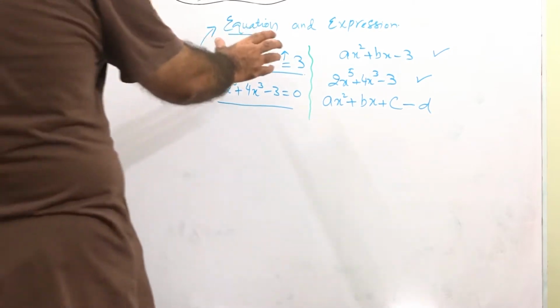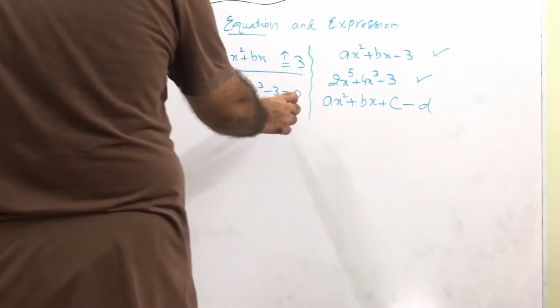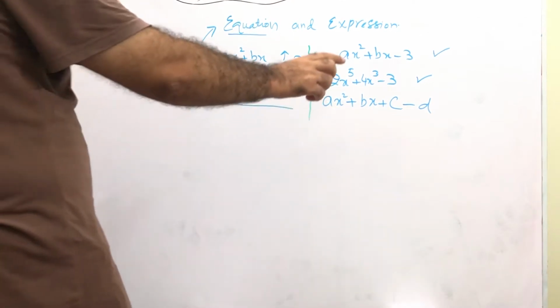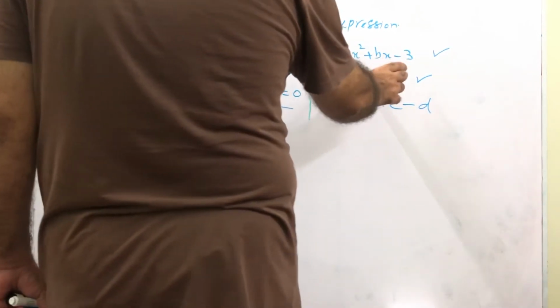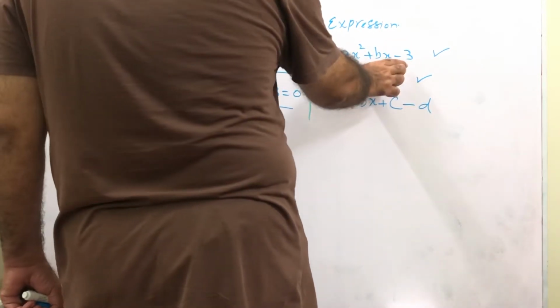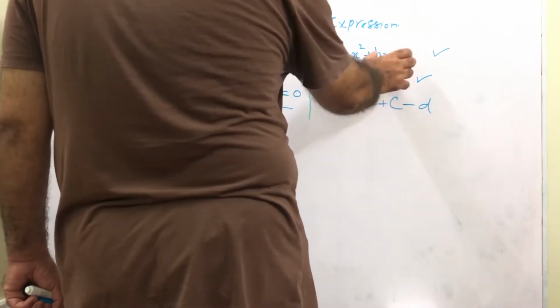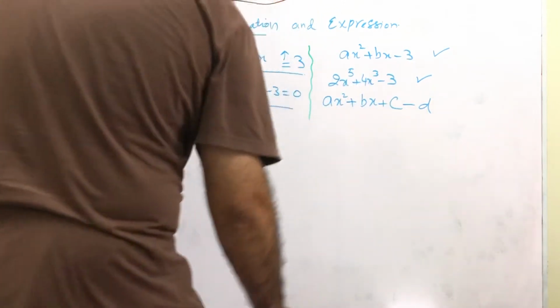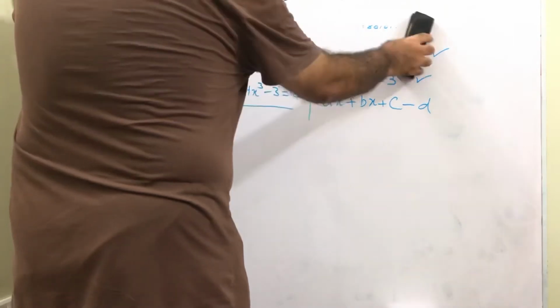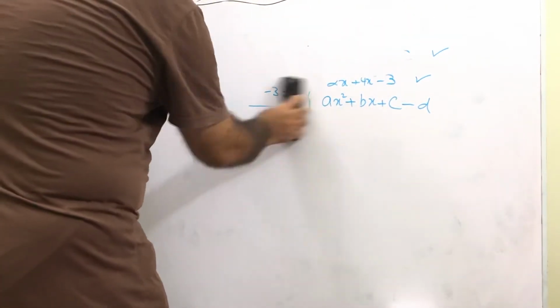So whenever we have an equal sign given, that will be called an equation. But in the absence of this equality mark, we will term it as an expression. These are expressions, these are not equations. So this was a basic difference between equation and expressions.